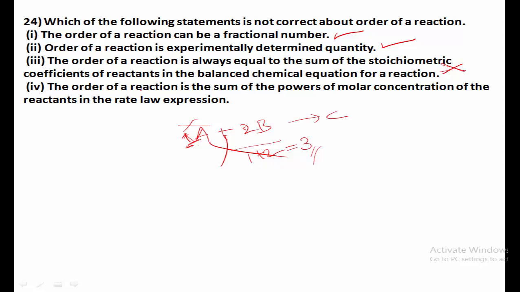The fourth one: the order of a reaction is the sum of powers of the molar concentrations of the reactants in the rate law expression. This is the correct statement. So among these four, the incorrect statement is the third one. So option third is the right answer.